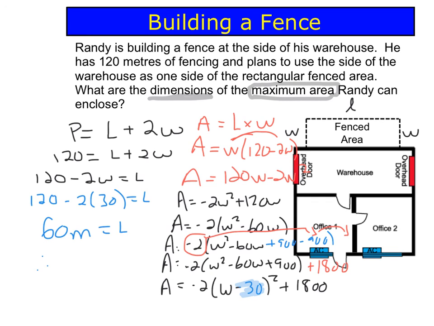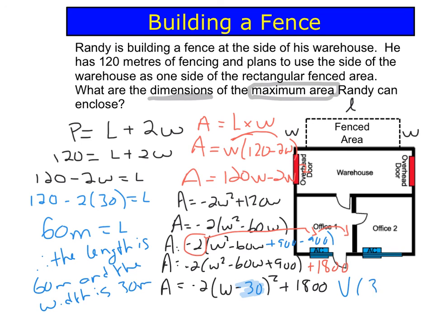So therefore the length is 60 meters and the width is 30 meters because the vertex was 30, 1800.